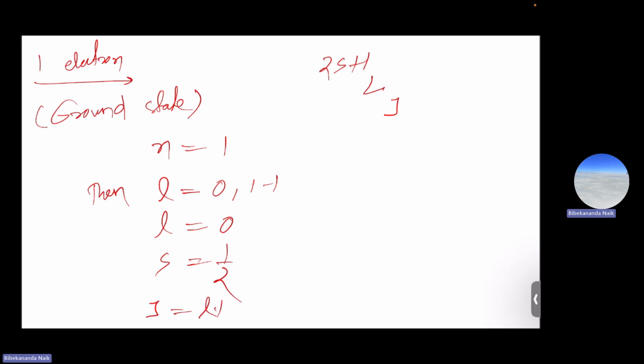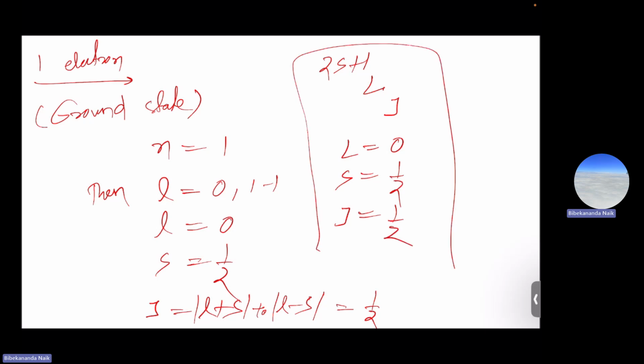J will be L plus S to L minus S, as a vector addition. So 0 plus half, 0 minus half, it is again half only. So J is half. So we got L equals 0, S equals half, and J equals half. Then what will be the spectral notation?